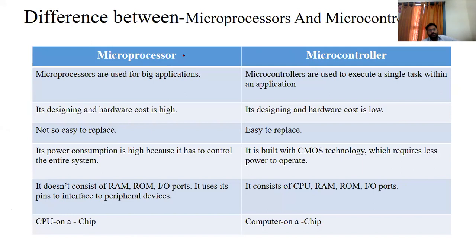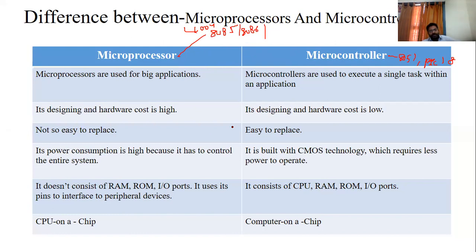Different types of microprocessors are available: the 8085 microprocessor, the 8086, or the 4004 microprocessor, whatever it may be. At the same time, we have different types of microcontrollers, the 8051 microcontroller, the PIC18 controller, whatever it may be. So as I said, we can characterize them into two ways, microprocessor and microcontroller.